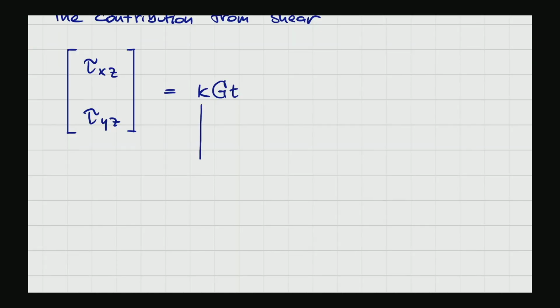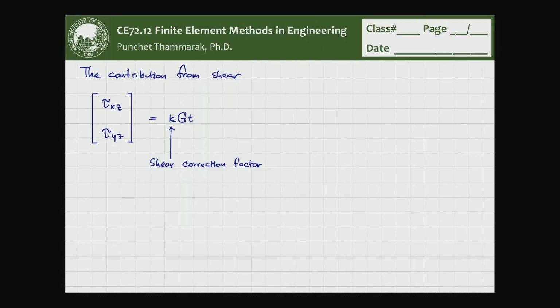The K is the shear correction factor. G is the shear modulus. T is the thickness. If it is the beam, then T turns out to be the area, because you have the finite area for the beam.